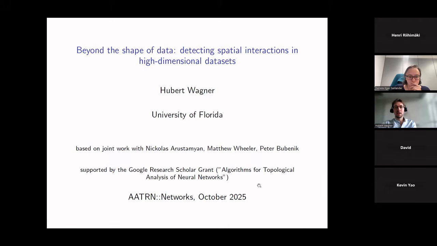Maybe for context, this was done as part of this grant project, which was funded by Google, and the idea was to analyze neural networks, especially deep learning models using topological methods.